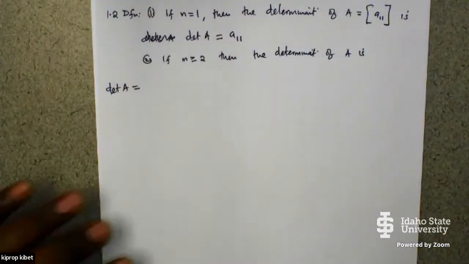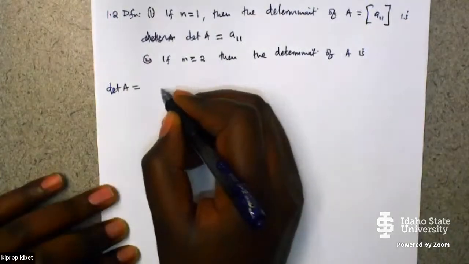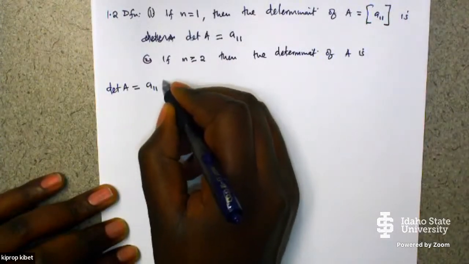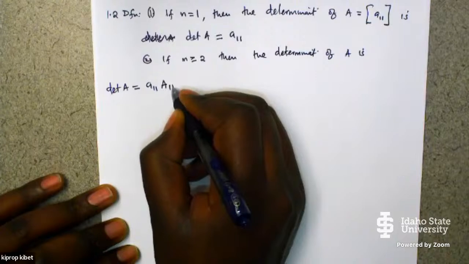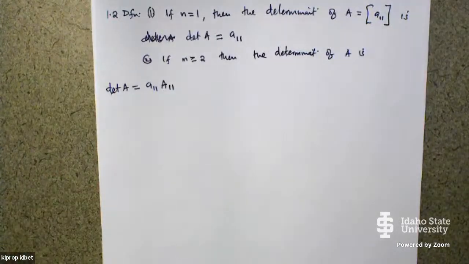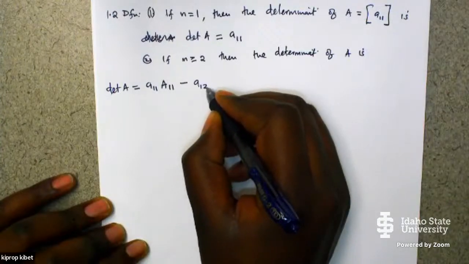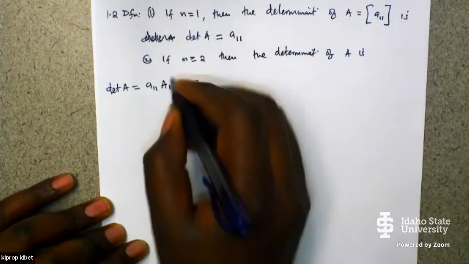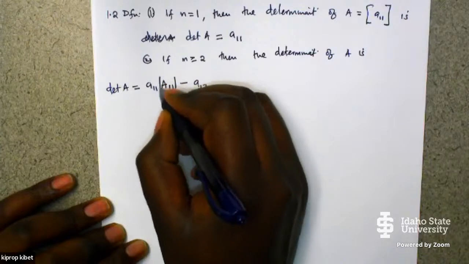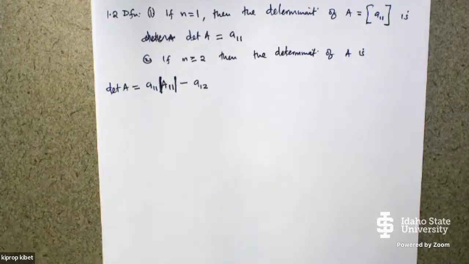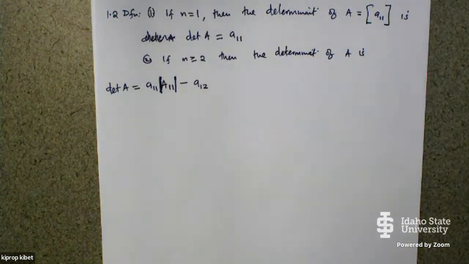So in this case, the determinant of A is the same as a11 multiplied by the determinant of the sub matrix A11, minus a12 multiplied by the determinant of A12.